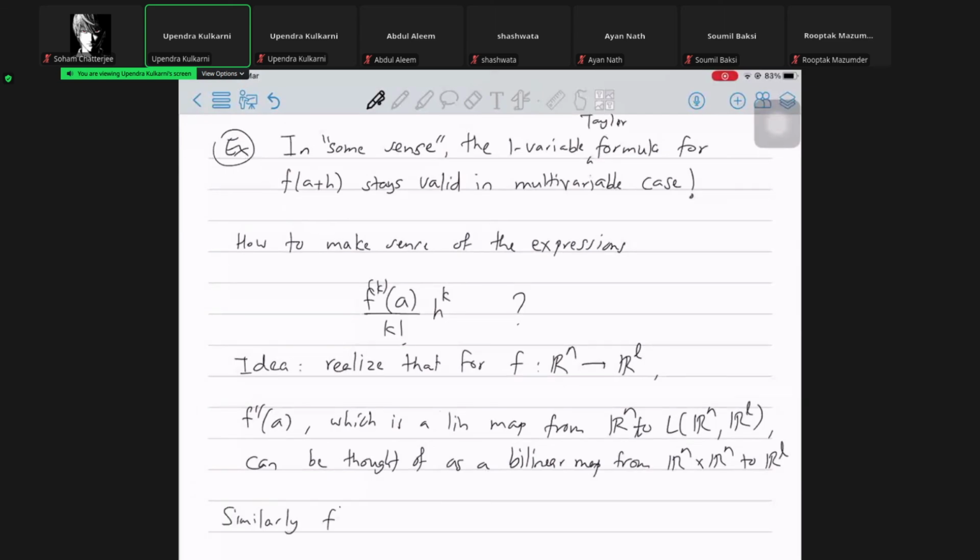Similarly, f triple prime of A is equivalently what kind of map from where to where?